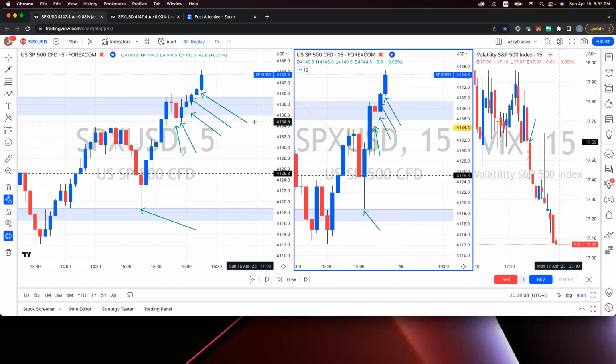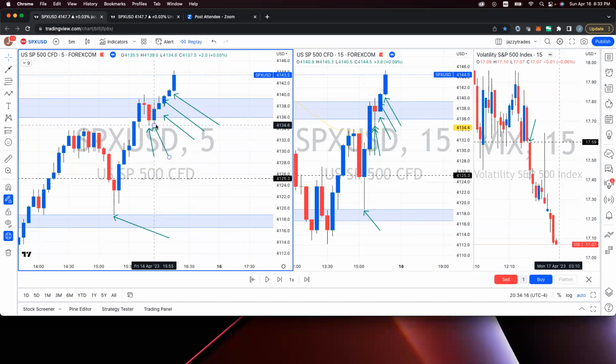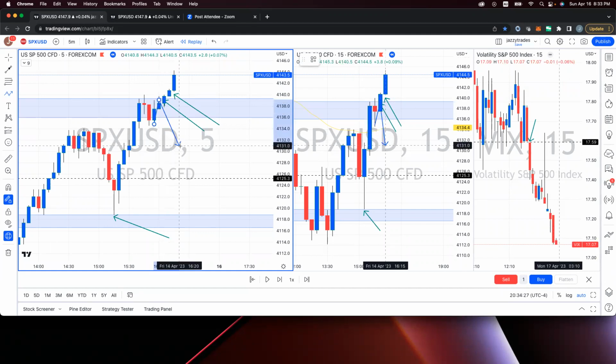On the second arrow, what's the guy's name? Alex Diaz. So what makes you think that you enter here on the second candle, right? And then price doesn't do this.